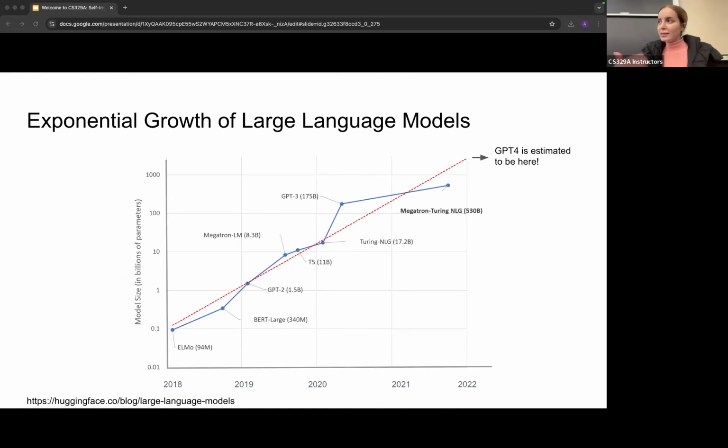So given this observation that has continued to hold for many years now, up until 2024, and might continue to hold, there has been exponential growth in the size of large language models. Since 2018 up until when GPT-4 came out, you can see this really magnificent increase in the size of the language models.